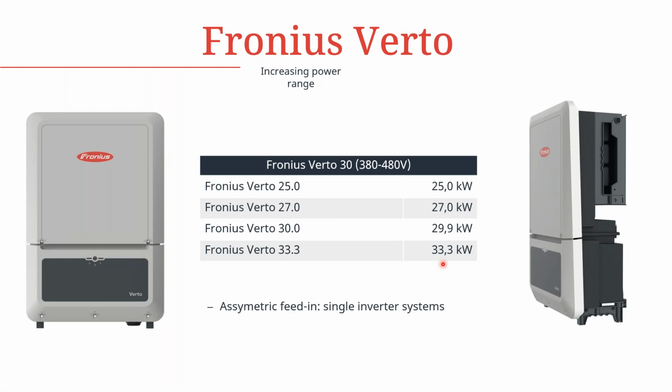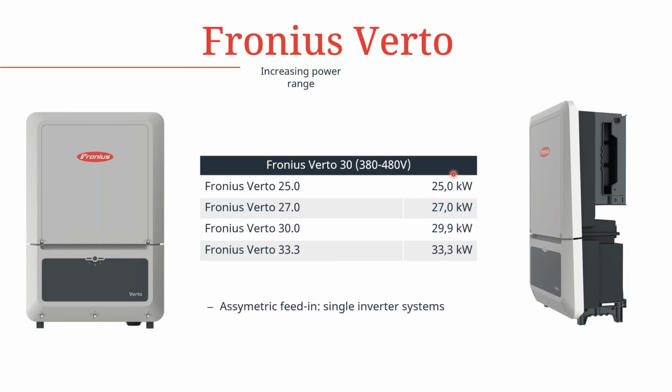Looking at the Fronius Vato, which is a new small to medium commercial inverter range, we have the power classes available from 25, 27, 29.9, and then 33.3 kilowatt. If you look here, it overlaps an existing inverter, which we refer to as the Fronius Snap Inverter Eco.